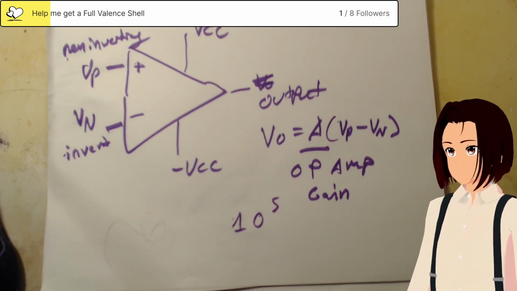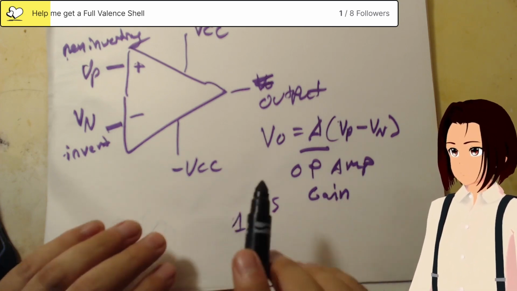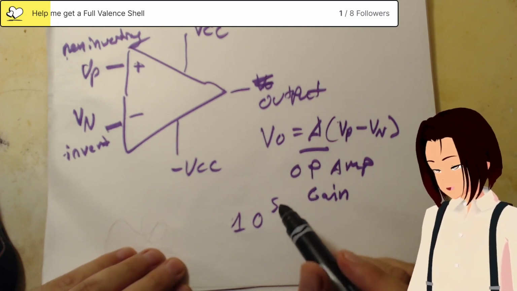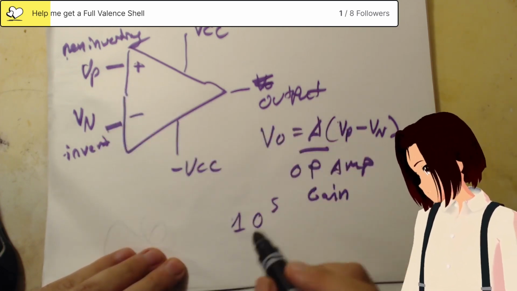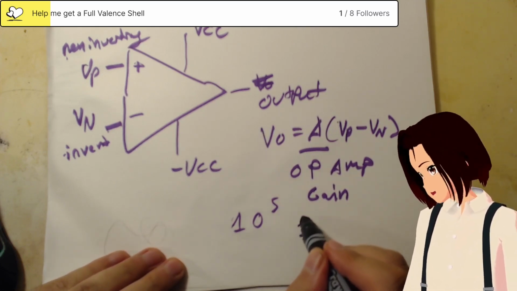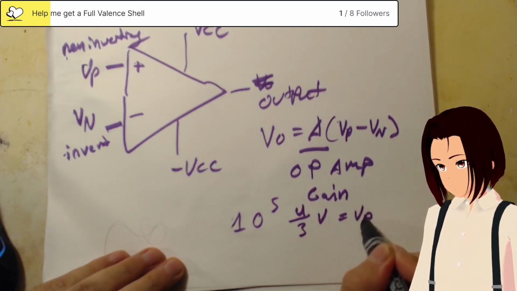So 10 to the 5. So if you have VP, say VP is like 4/3 volts, that's VP.